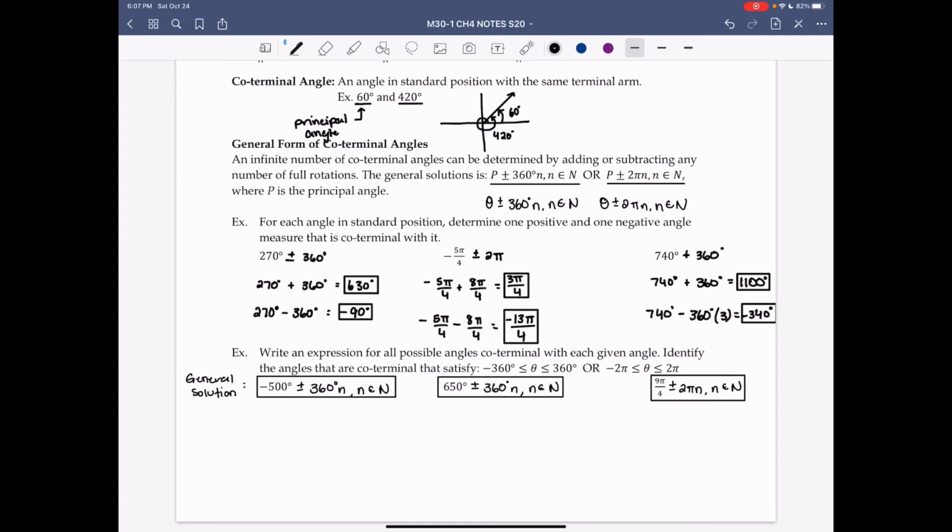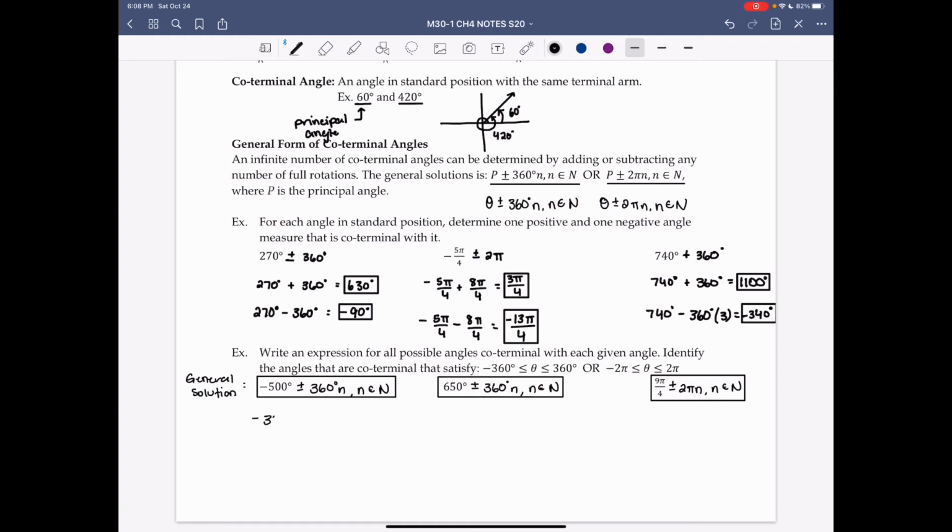The next part of the question wants us to identify the angles that are coterminal that satisfy, for degrees, the angle is greater than or equal to negative 360 degrees and less than or equal to 360 degrees. So it's saying one full rotation in the negative direction and one full rotation in the positive direction.